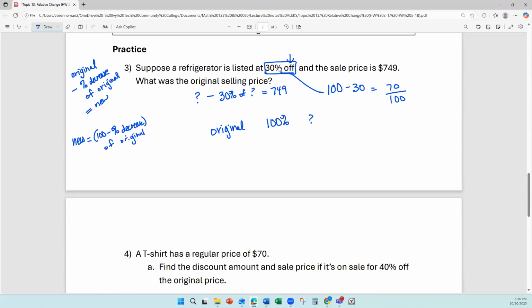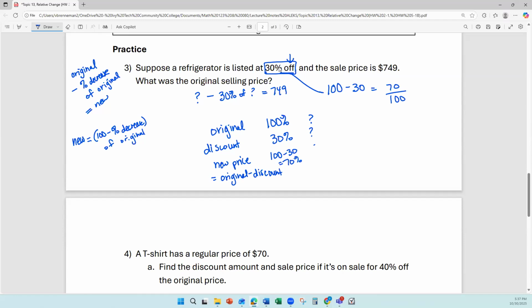We don't know the dollar amount. The discount amount, let's just say the discount is 30%. And again, we don't know the amount. The new price is the original minus the discount. So in percent, that would be 100 minus 30, so 70%.